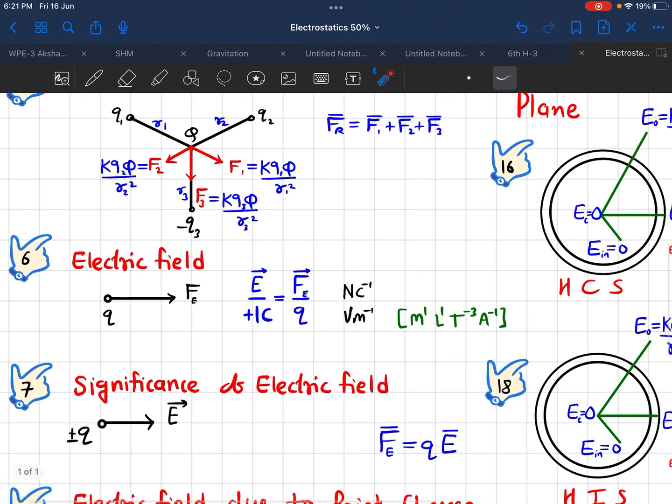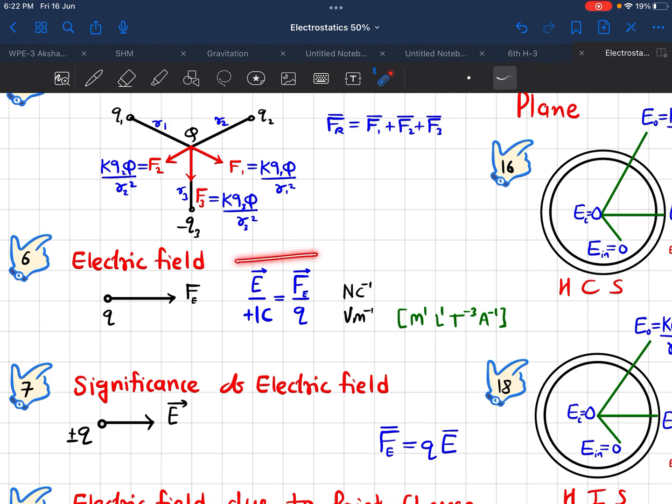Now, what is electric field? Electrostatic force per unit charge is called electric field intensity. If F is the electrostatic force acting on a charge Q, then the electrostatic force acting on plus 1 coulomb of charge is called the electric field intensity of that point.